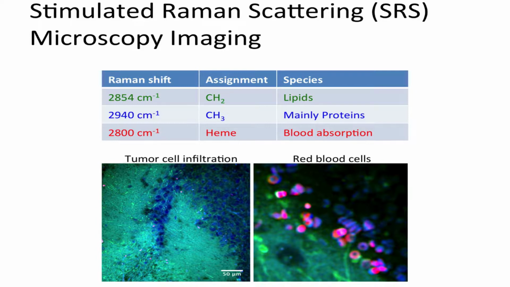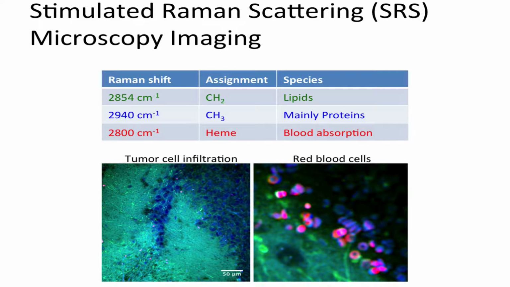We're looking at the CH2 vibration mostly found in lipids versus CH3 in proteins. We also use on that two-photon system an absorption mode where we can look at heme. And what it allows us to do is to look at the cancer cells that are in blue as they invade here into the normal brain.